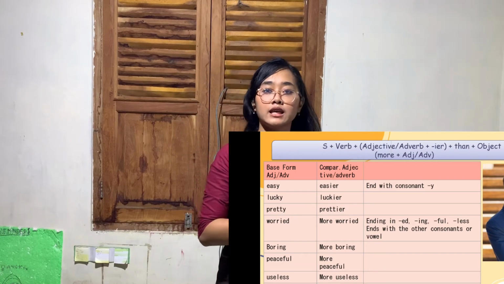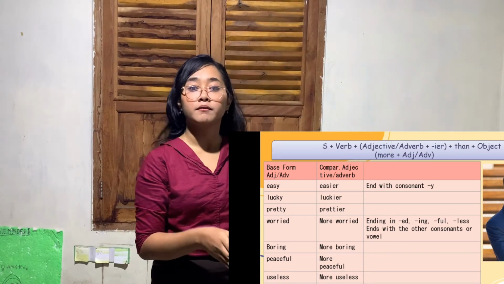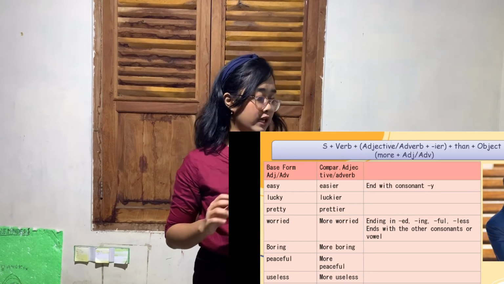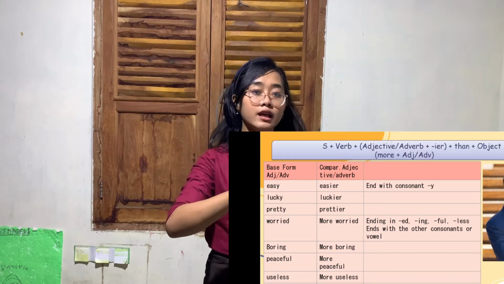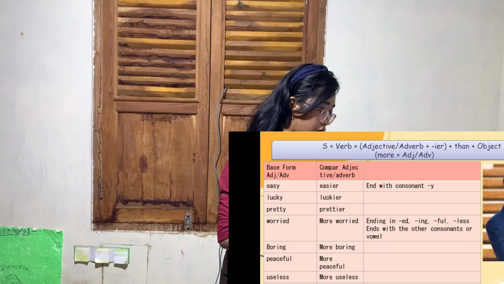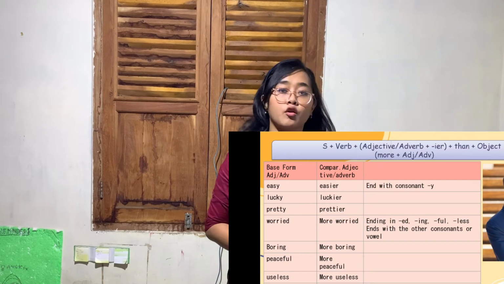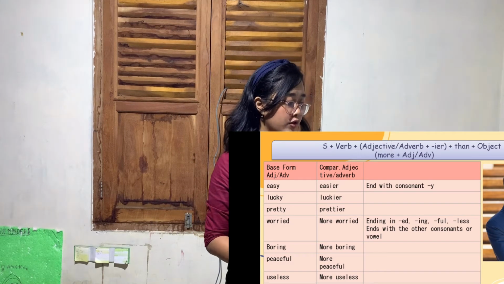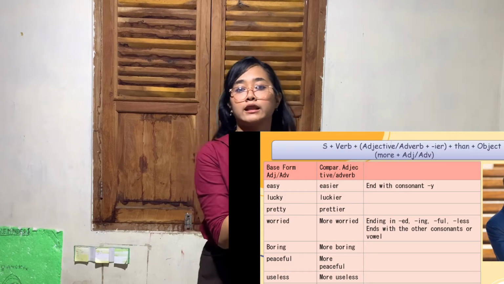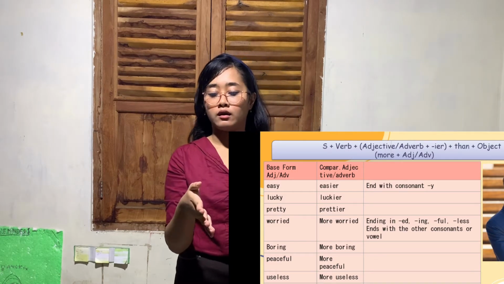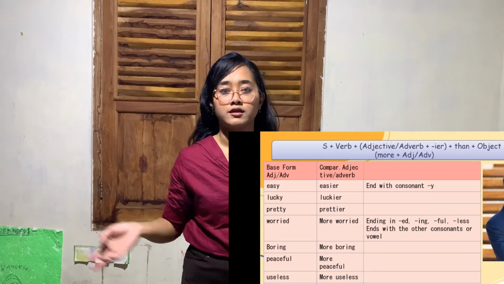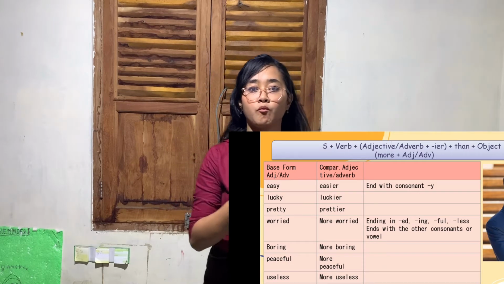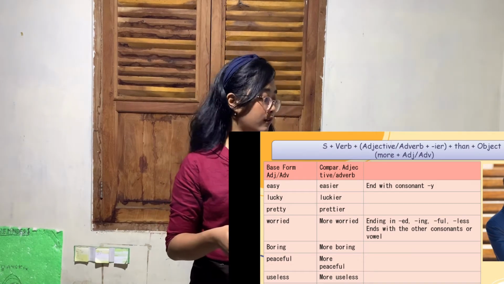For example, easy becomes easier, lucky becomes luckier, pretty becomes prettier. And the second one, if it ends with ed, ing, ful, or less, or ends with other consonant and vowel, you put more before the adjective, but you don't have to add er or ier. For example, the base form worried becomes more worried in the comparative adjective form.